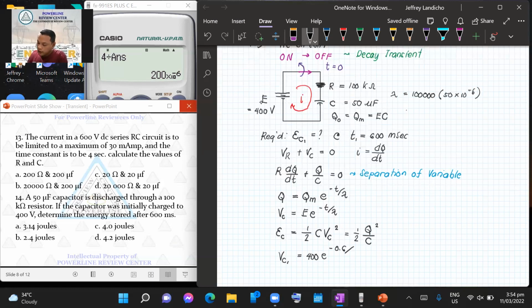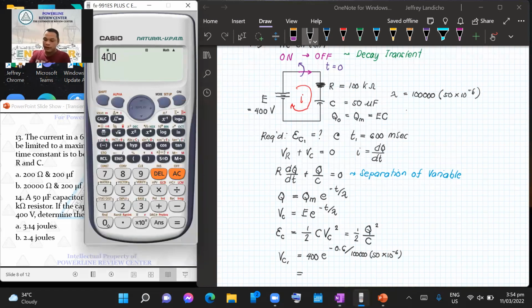Okay, so dito ko na lang ilagay 100,000. So meron tayong voltage across the capacitor. So voltage drop or the remaining voltage, or the remaining charge in terms of voltage of our capacitor, 400 times e raised to negative 0.6, that is 600 milliseconds, over time constant of 100,000 times 50 micro.